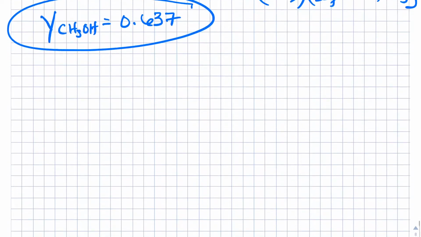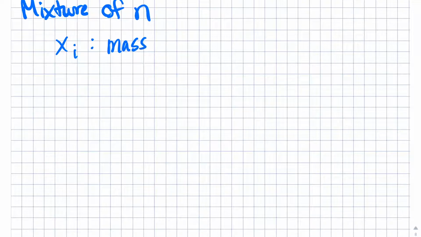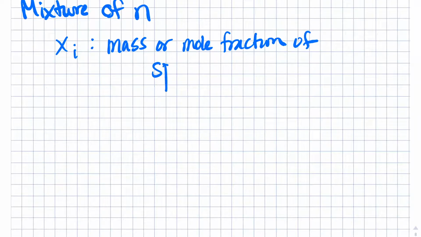So quickly, before we end, I want to go over two really important properties. Let's say I have a mixture of n items, and x sub i denotes the mass or mole fraction of species i.